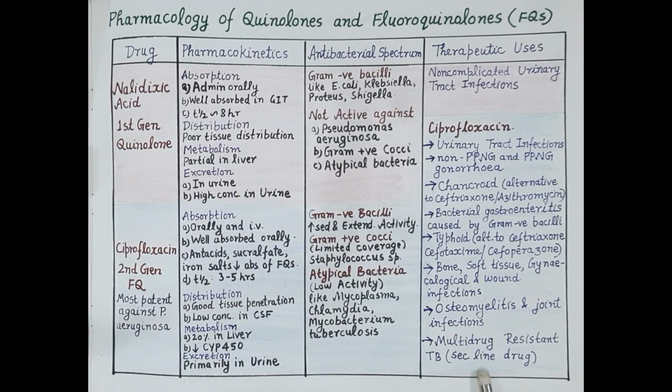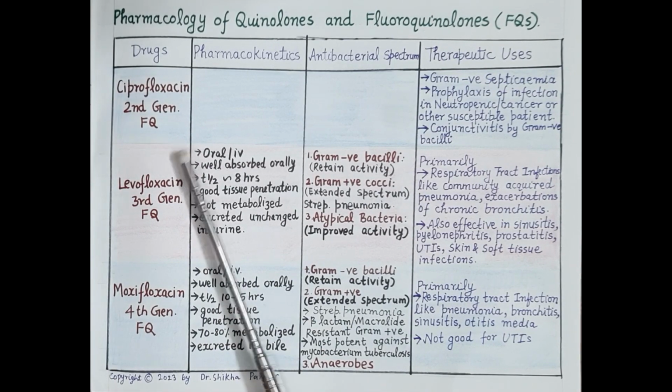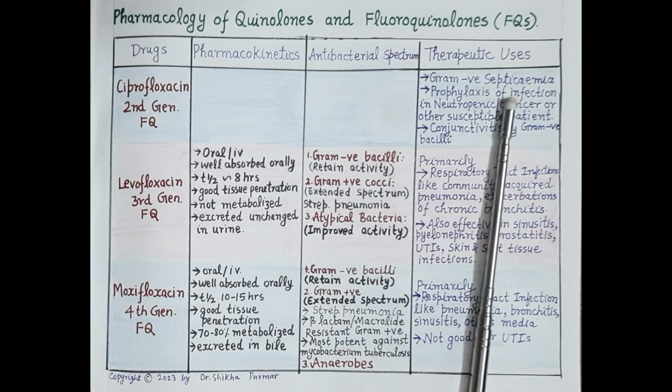Now, in addition to this, as a second line drug, it can be used as a component of therapy used for the treatment of multi-drug resistant tuberculosis. Now, ciprofloxacin is also effective in the treatment of septicemia, that is infection of blood caused by gram-negative bacteria.